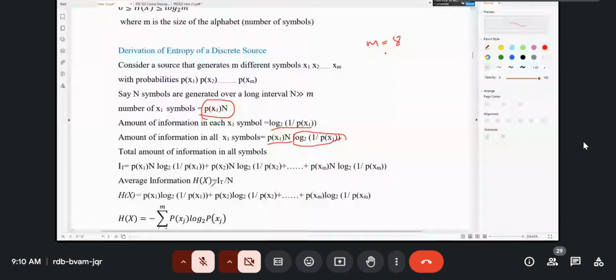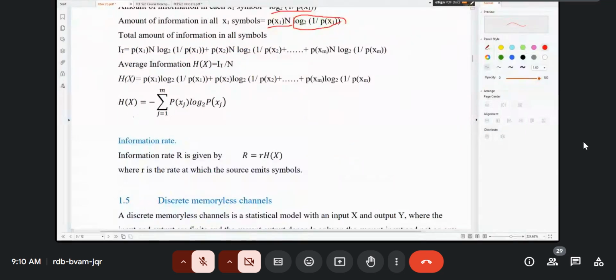The average information is simply that total information divided by N. So if you divide by N, then H(X) is P(x1) log2 1 over P(x1) plus all that, and that can be written as this sum, which is minus the sum of P(xj) log2 P(xj). So I think that is clear.